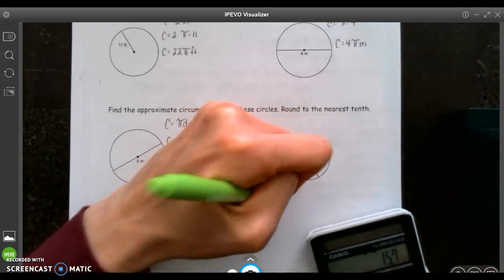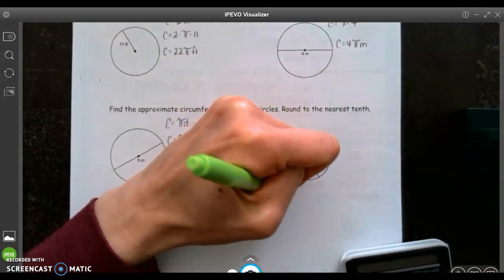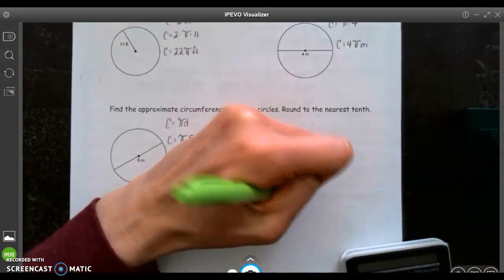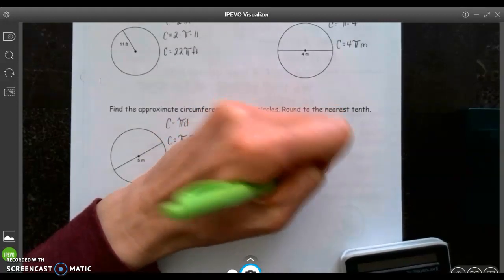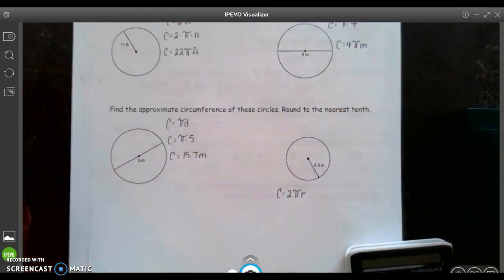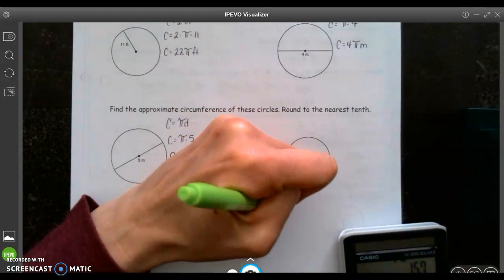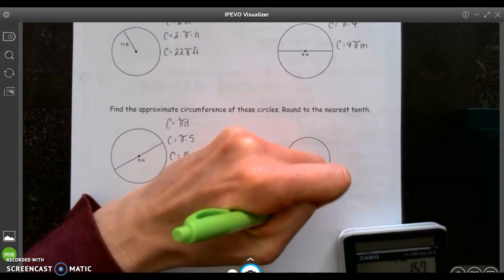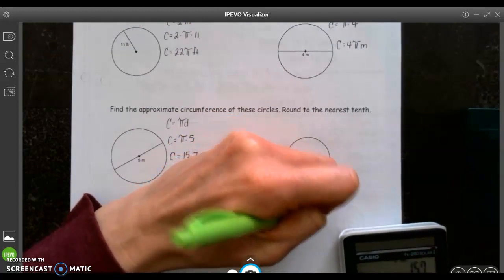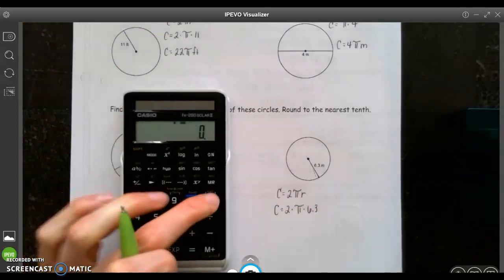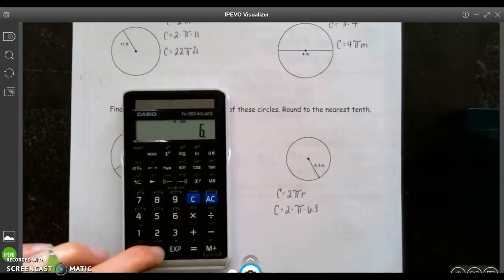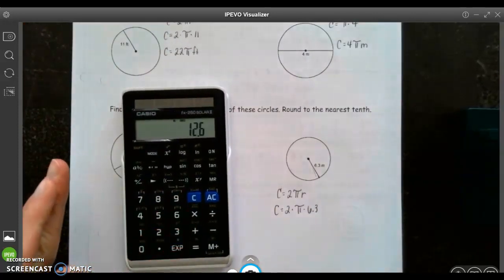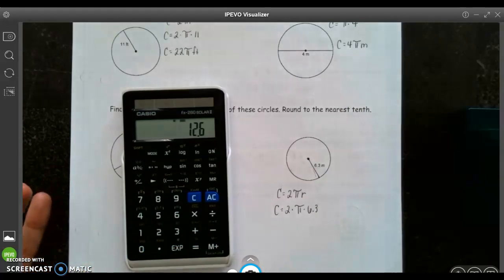Here's radius. So circumference equals 2 times pi times r. It's radius because it goes from the center to a point on the circle, not all the way across. So circumference equals 2 times pi times 6.3. If I multiply that 2 times 6.3, I get 12.6 pi, but I don't have to write 12.6 pi. I can just multiply all these together.